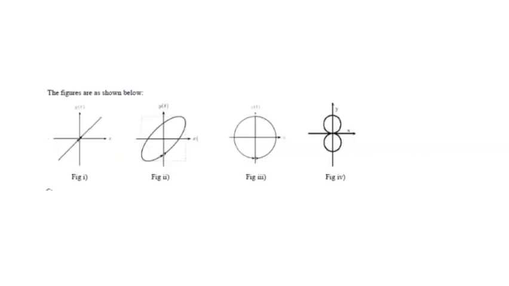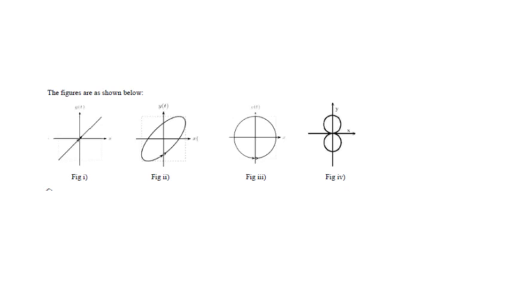By applying various frequencies on the x and y axis, we will get this type of figures, either a linear figure, or an elliptical figure, or a circular or 8 shape. So by various frequencies, you will get this type of figures.